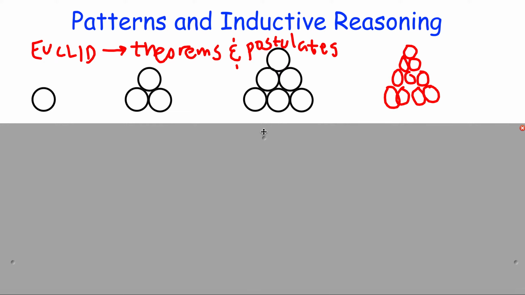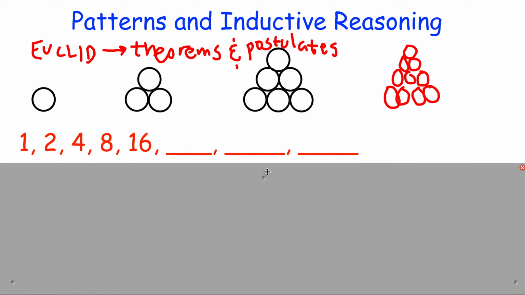There are all types of patterns with numbers, for example. Let's see if you can figure this pattern out. We start with 1, and then our next number is 2, and then 4, and then 8, and then 16. What you may notice here is that every time these numbers are doubling. So 1 times 2 is 2, and 2 times 2 is 4, and 4 times 2 is 8, and 8 times 2 is 16.